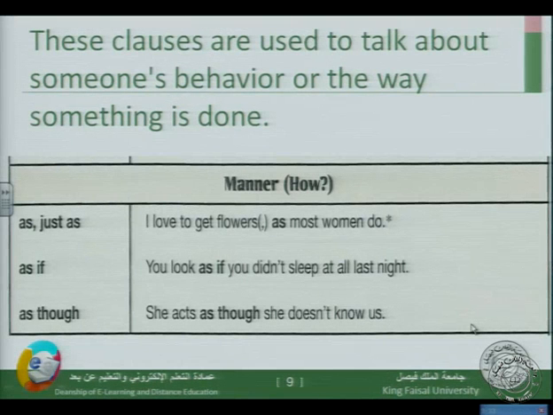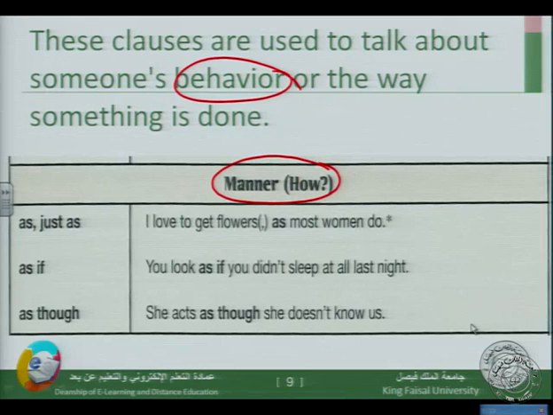These clauses are used to talk about someone's behavior or the way something is done. When we talk about the way, we are talking about how, about manner, about behavior. For example, I love to get flowers as most women do. Notice that before as, when we use it, there is a comma.